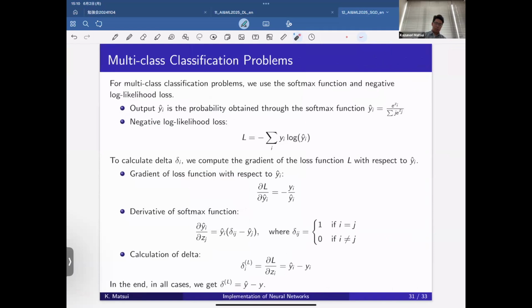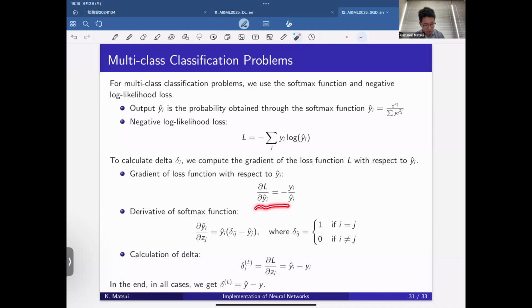For multi-class classification problems, we use the softmax function as the output activation function. We use the negative log likelihood as the loss. To calculate delta, let's first consider the partial derivative with respect to y hat i.